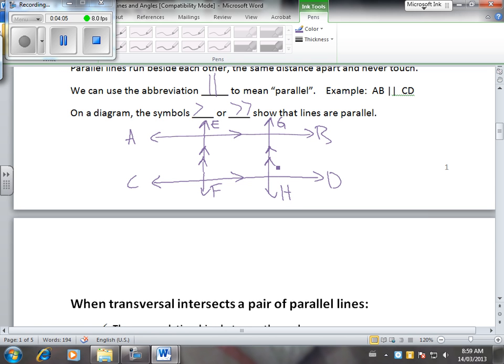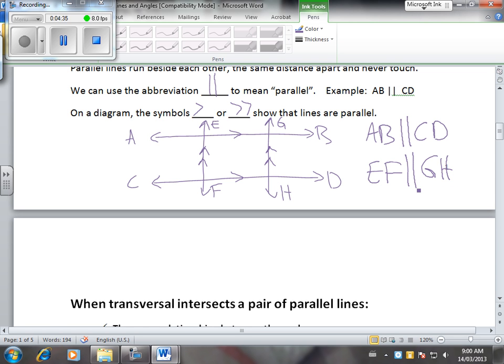Because of these little triangle marks, and sorry, they're not inequality signs, they're just little arrows, we can see that line AB is parallel to line CD, because those both have 1 mark. And if you look, EF and GH both have 2 little arrows, and so those are parallel to each other.